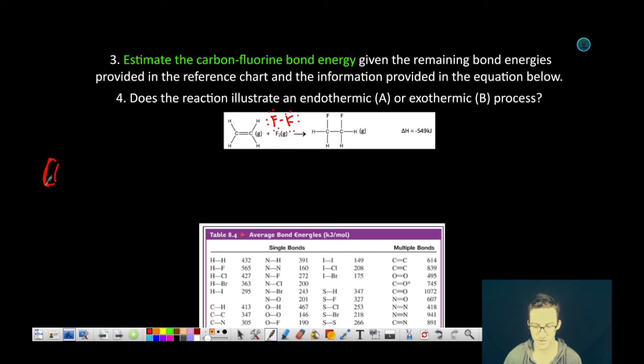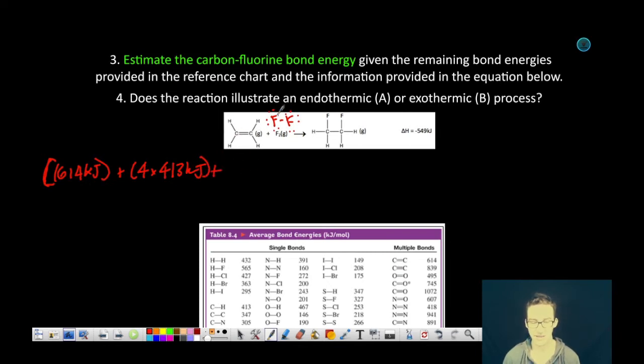I'm going to have 614 kilojoules required to break that carbon-carbon double bond. I'm going to add that to 4 times 413 kilojoules, which is the energy required to break those 4 carbon-hydrogen single bonds.